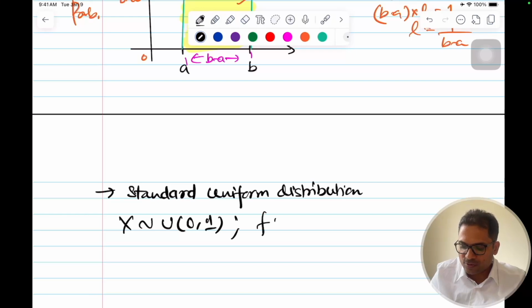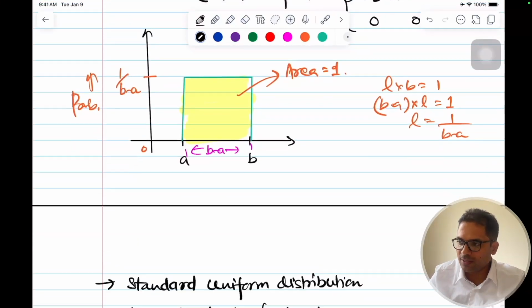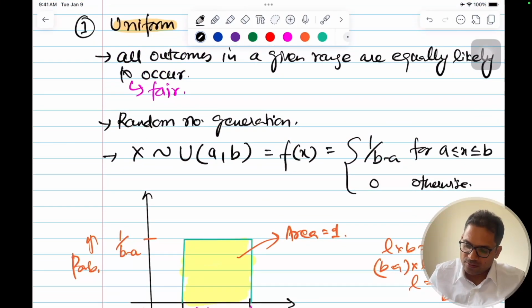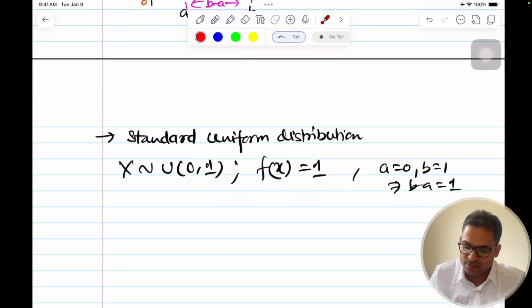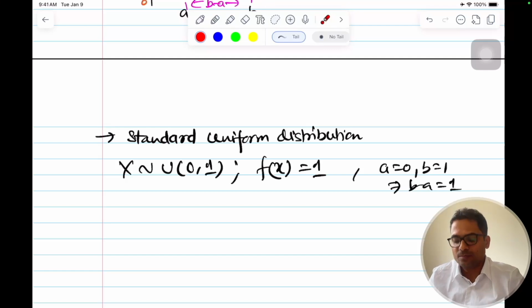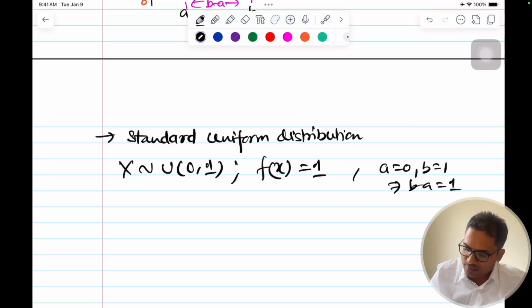And here f of x will be equal to 1. Why? Because a is 0, b is 1, which implies b minus a is equal to 1. And we know the formula, 1 by b minus a. So this is equal to 1, and 0 otherwise, that is 1 for 0 less than or equal to x less than or equal to 1, given this.